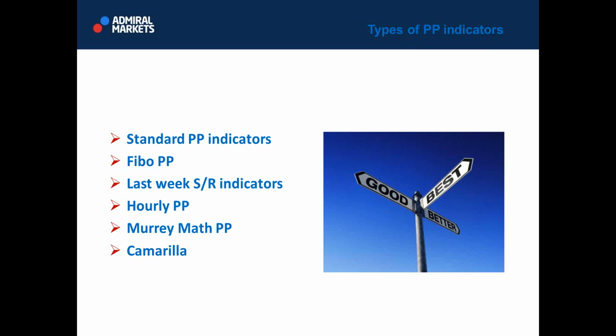I will explain that later, what that means. Camarilla is color coded because it's an intraday indicator, and it's color coded to indicate whether you should buy or sell at certain pivot points. For me, Camarilla serves as a confluence pivot point indicator.